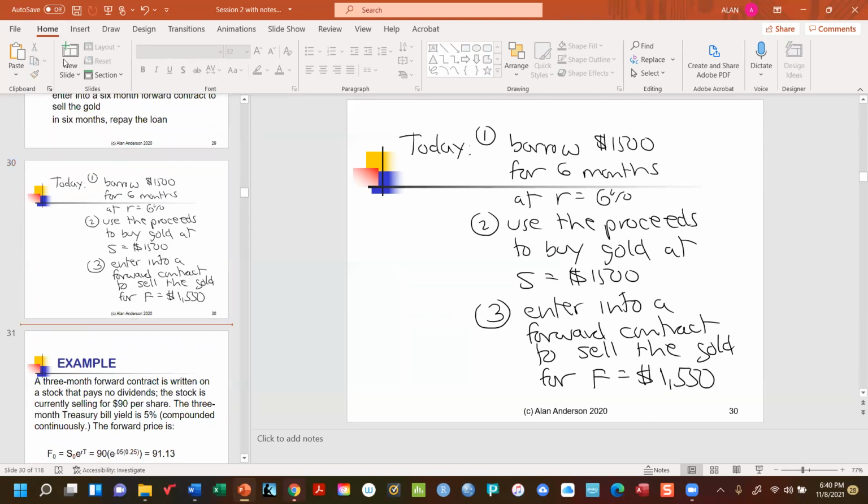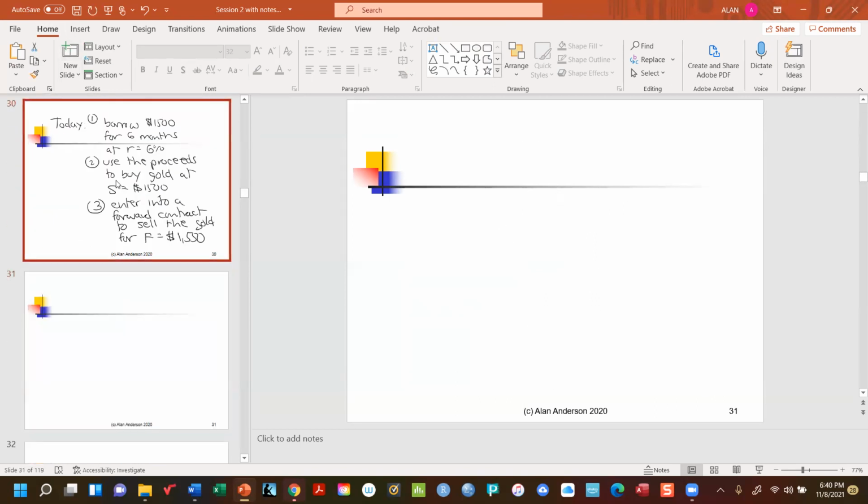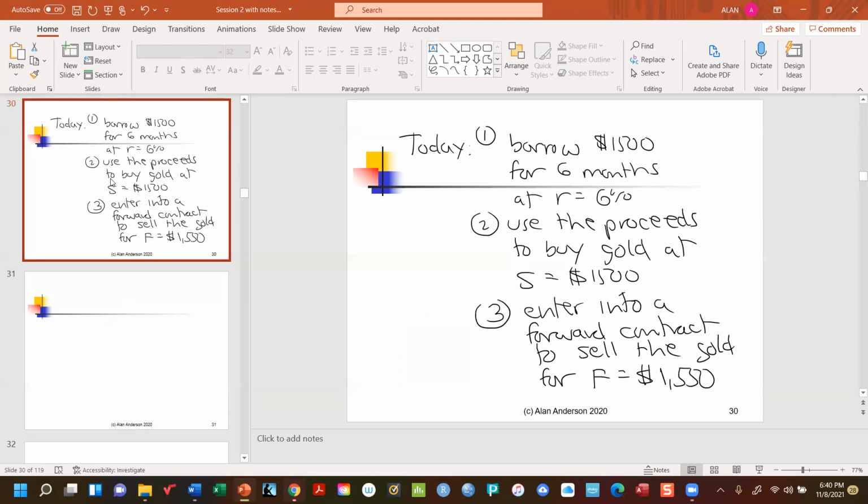Okay. So we have to pay the money back. We're using borrowed money here. We borrow $1,500 for 6 months at the rate of 6%. We buy the gold. We enter into a forward contract to sell it in 6 months for the price they gave us, which is $1,550.